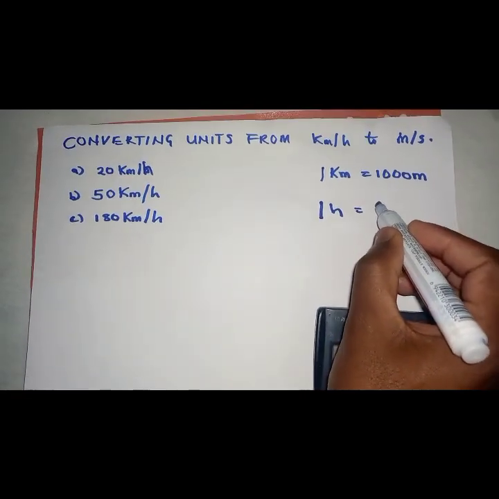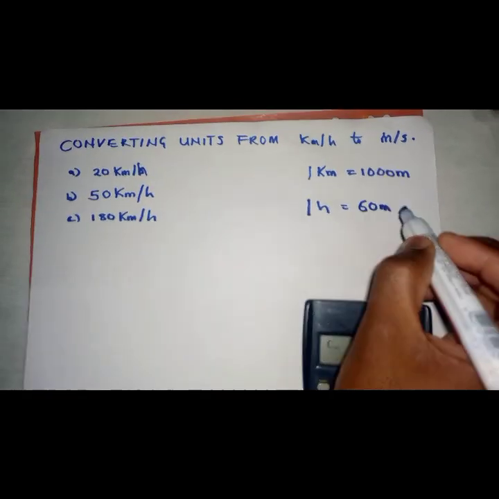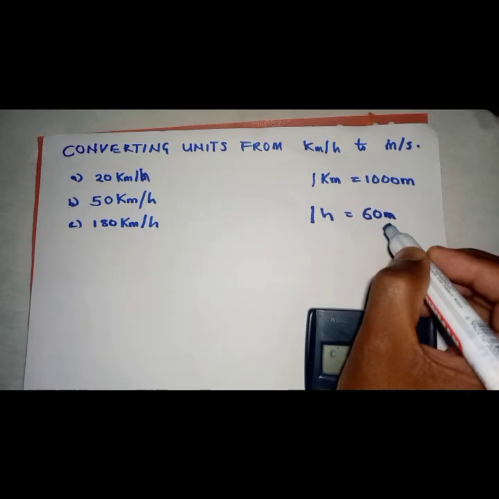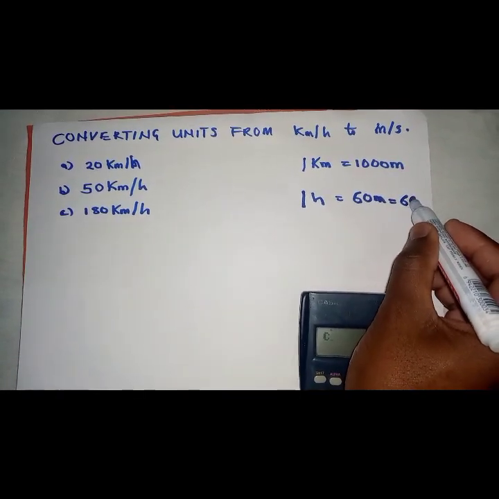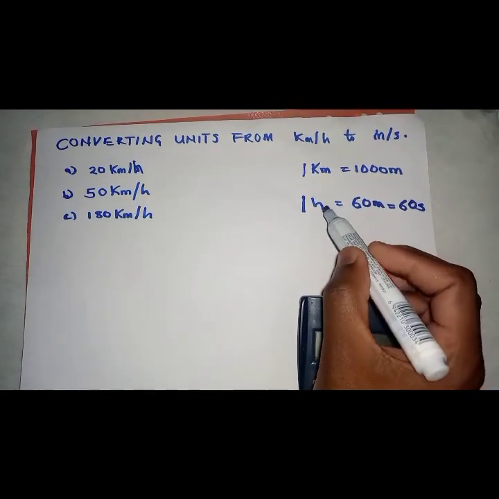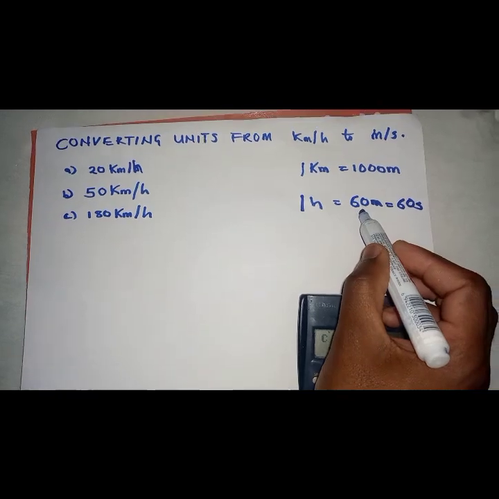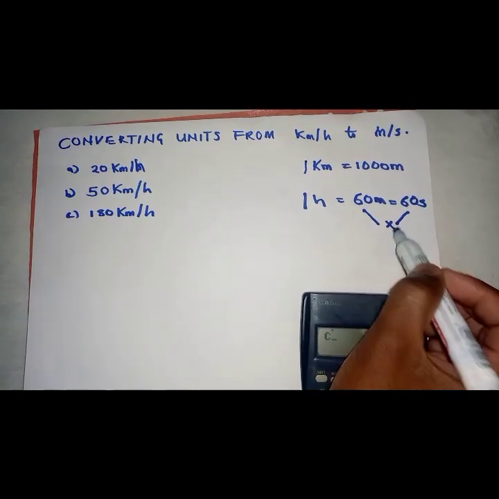It means we have actually 60 minutes. And in each one of those 60 minutes, there are actually 60 seconds. So basically, for us to say we have got 1 hour, it means we have to multiply our 60 minutes and our 60 seconds.